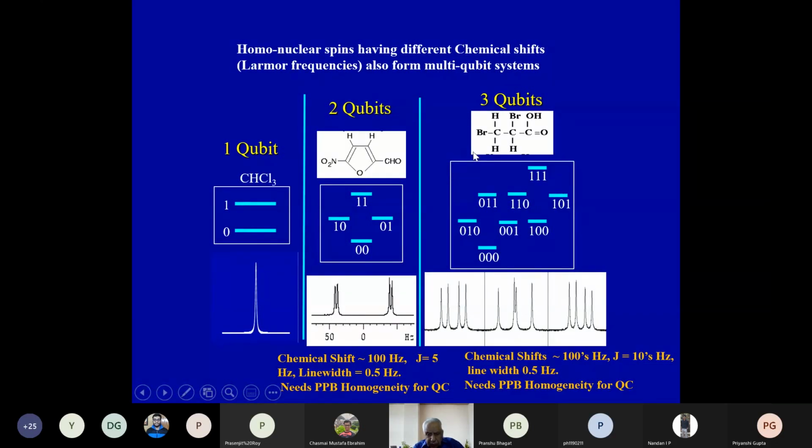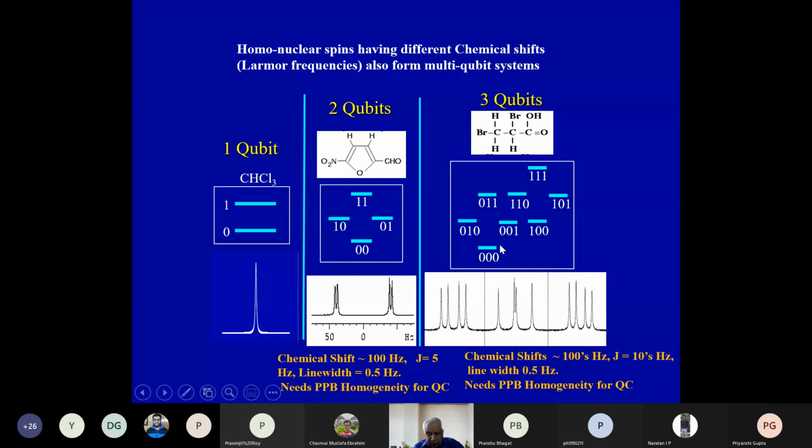There are 3 protons in this molecule, and there are 4 energy levels here and 8 energy levels here. We can call them 000, 010, 001, and so on; this is a single spin flip, these are 2 spin flips, and 3 spin flips states.